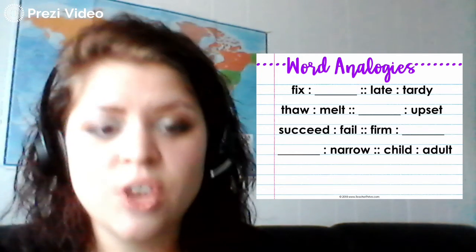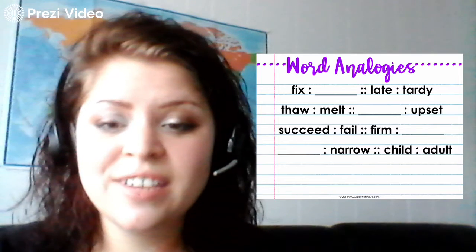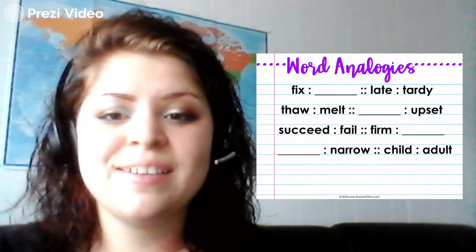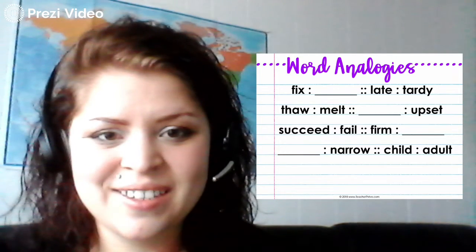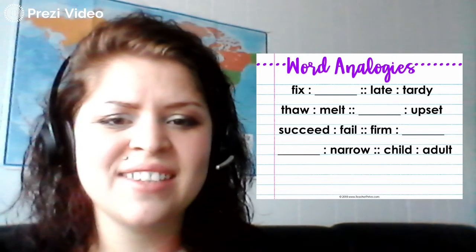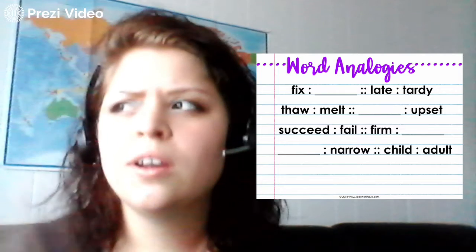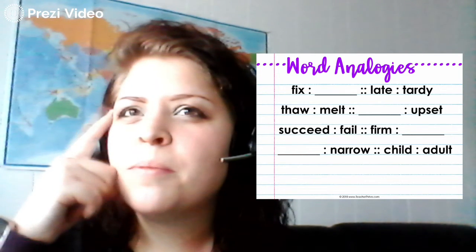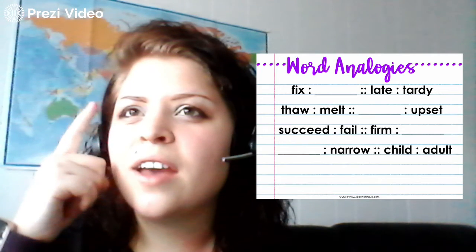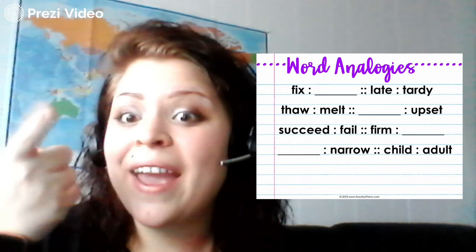So we have late and tardy. Are late and tardy synonyms or antonyms? They are synonyms. So late is to tardy, as fix is to, what's that word for fix? People might say it at the auto repair shop.